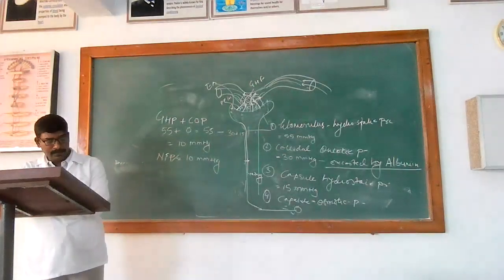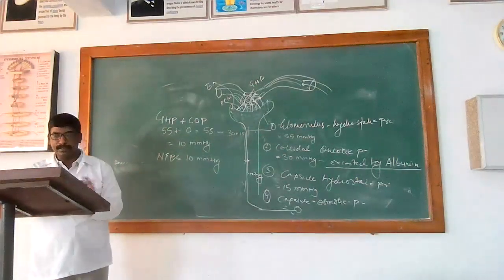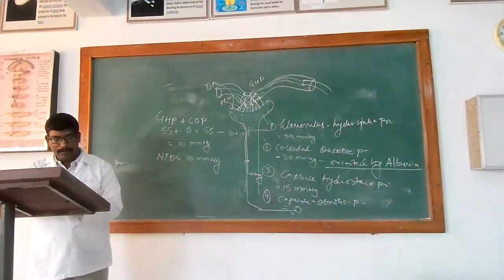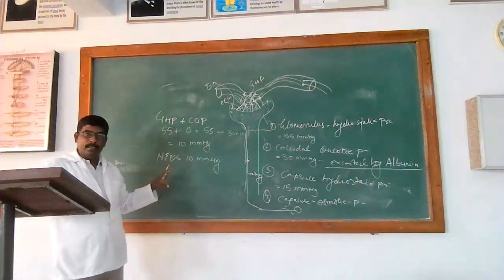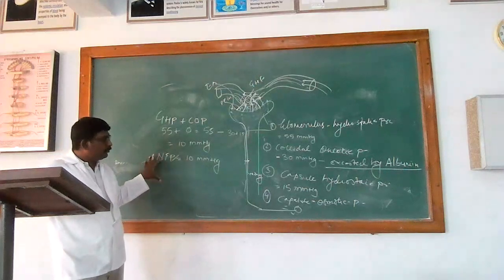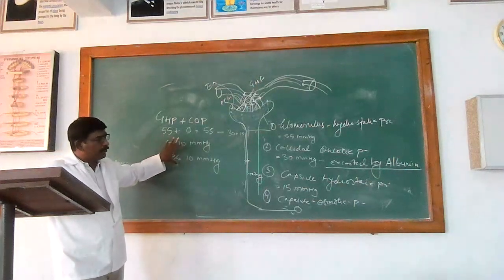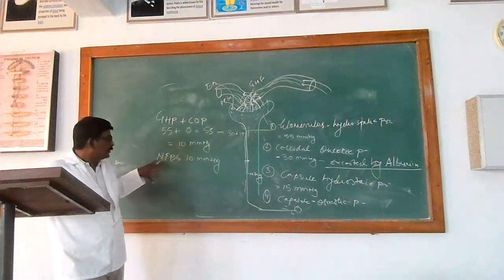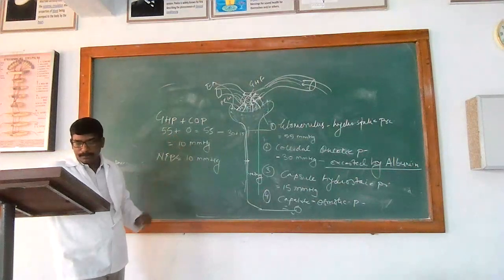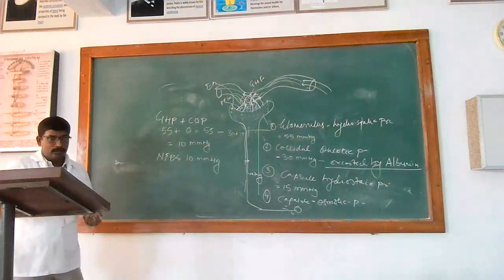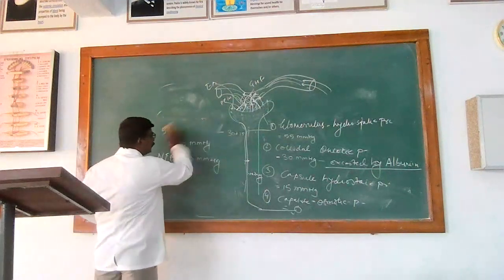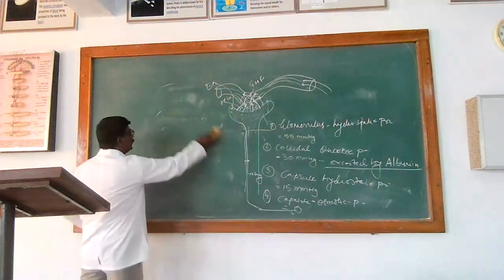So first we have seen the GFR is 120 ml per minute, and now we have seen the factor affecting GFR, that is net filtration pressure. There are some other factors which affect the GFR. Some factors we will see again.